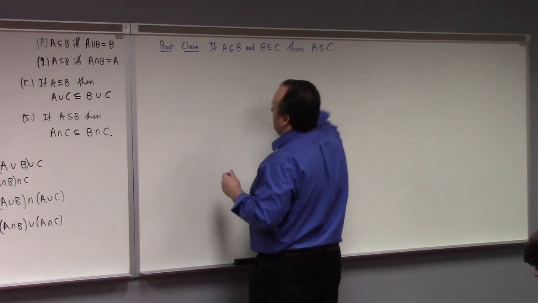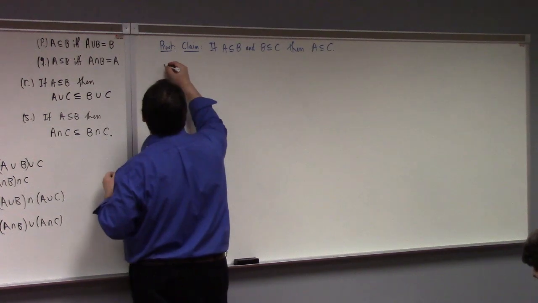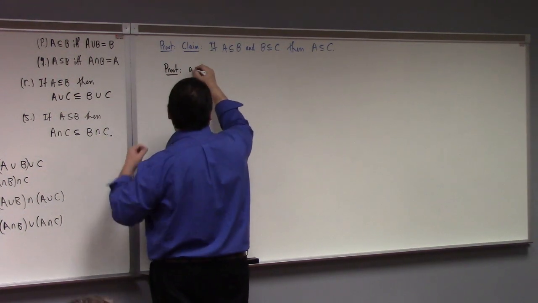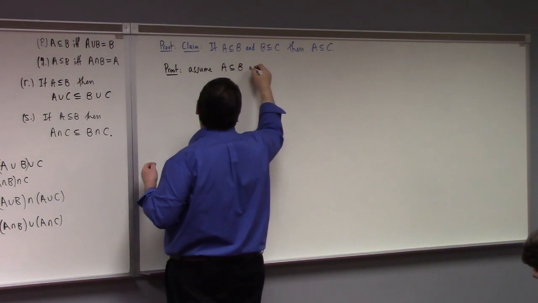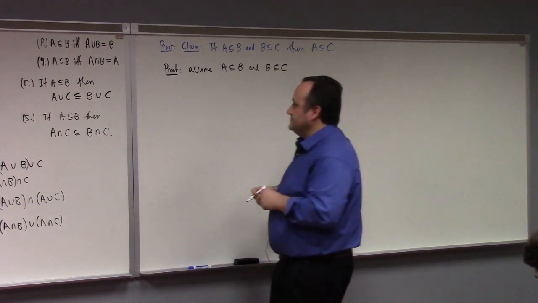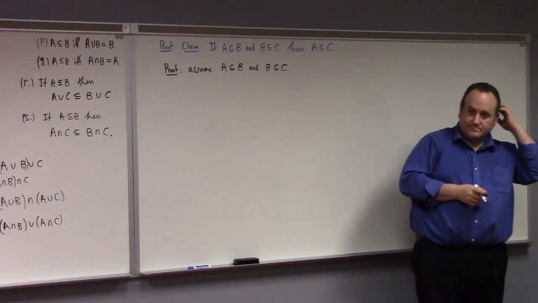All right, so the proof goes like this. This is a direct proof, so we're going to assume that A is a subset of B and that B is a subset of C. That's how we start. So we assume the antecedent.